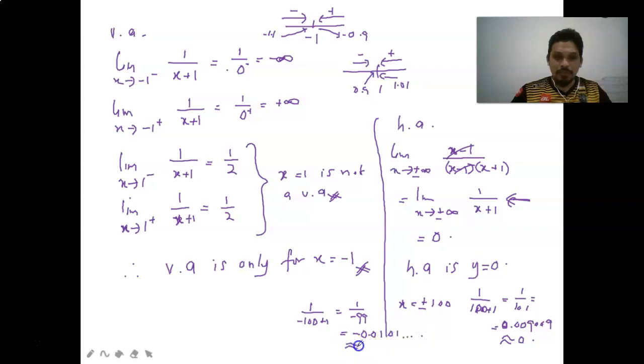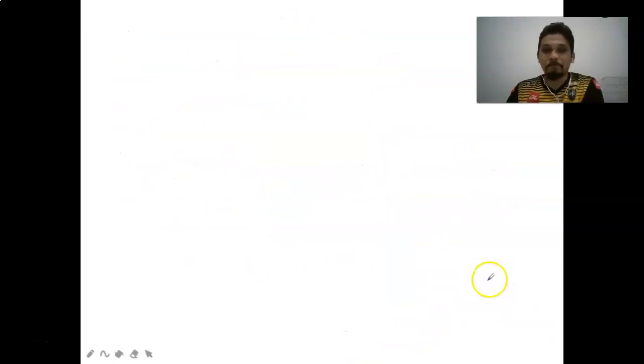It also shows that it is very close to 0. So that's why for this function, when x approaches positive and negative infinity, we substitute a very positive or very negative value and it is approaching 0. So the horizontal asymptote is y equals 0.